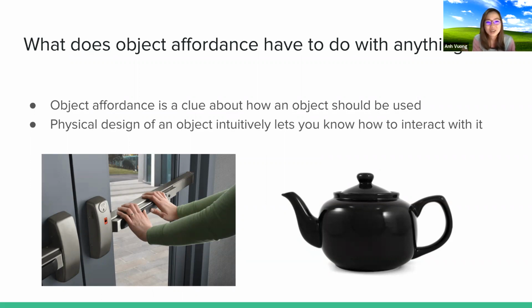Or a teapot is also a good example, where you know that you're going to grab the handle and tilt the teapot, and then liquid is going to come out of the spout. The same idea we want to apply to the web. You come across a button, so you know that button is meant to be pressed, an input field is meant for you to type content in. So really the same idea applies.